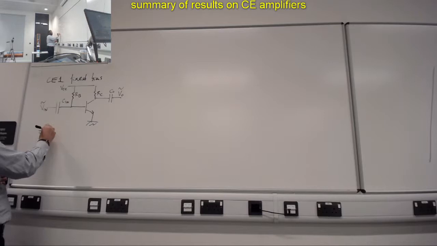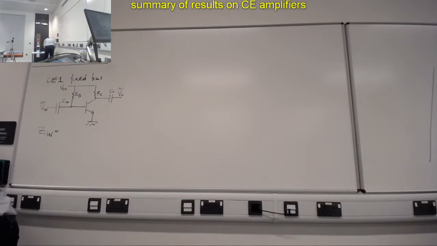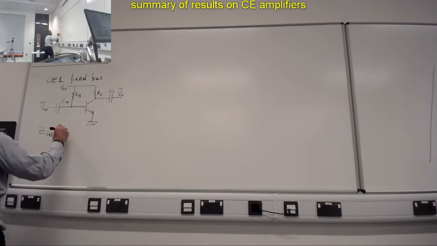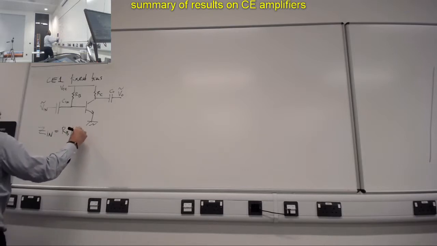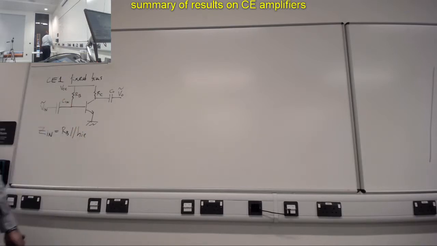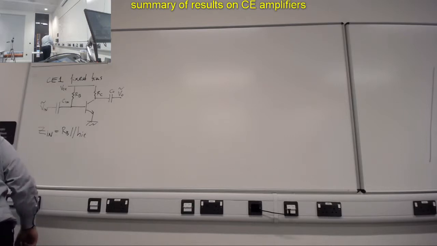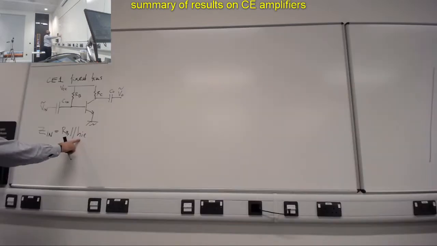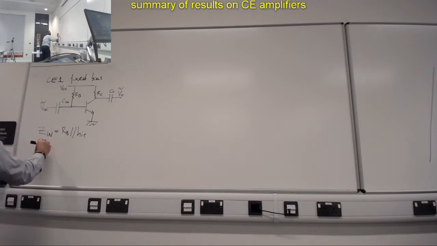The input impedance, which in this case was RB in parallel to HIE. Remember, HIE is one of the parameters of the hybrid model. If you remember, this is the input resistance of the model, which we said is roughly 1 kilo ohm. And then we have AV infinite.